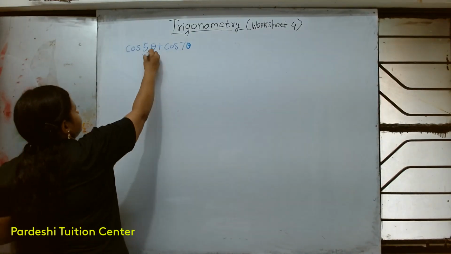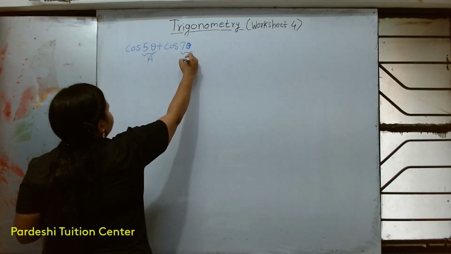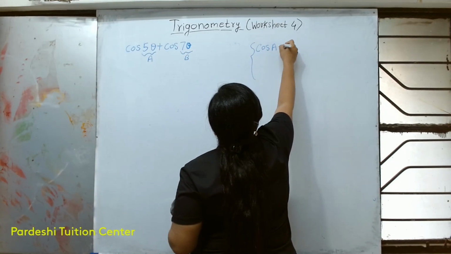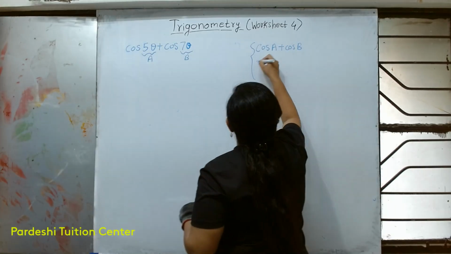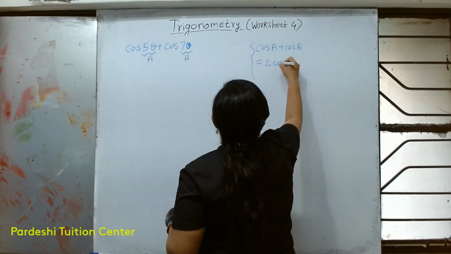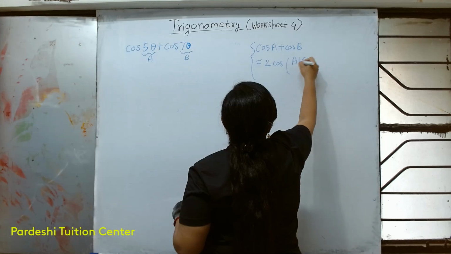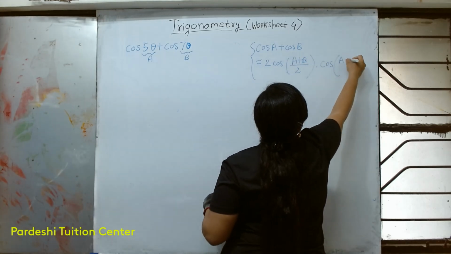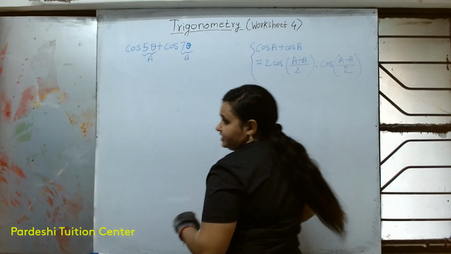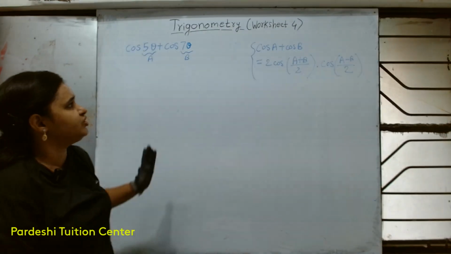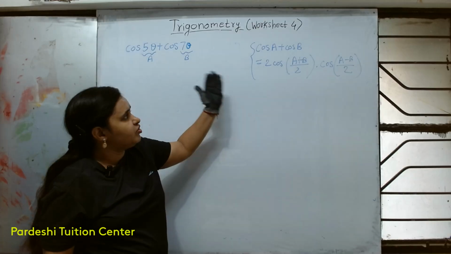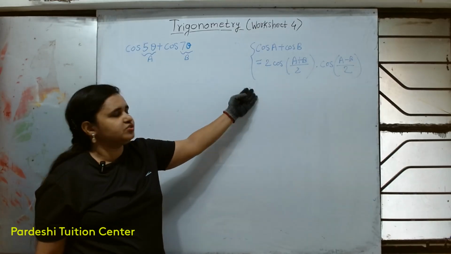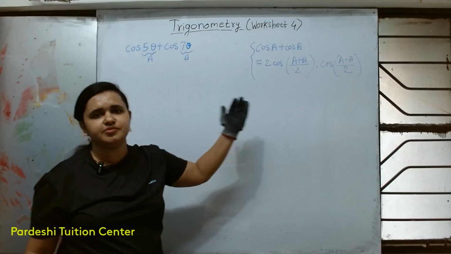Now if I take this as A and this as B, it is again the formula for cos A plus cos B. So cos A plus cos B was 2 cos of A plus B by 2 into cos of A minus B by 2. I am writing the formula again and again so that you can remember. Okay. The formula is the same as in the previous example: cos A plus cos B equals 2 cos A plus B by 2 cos A minus B by 2.